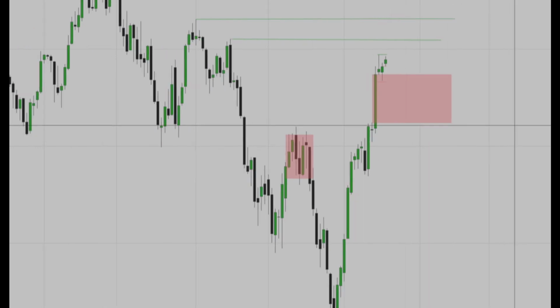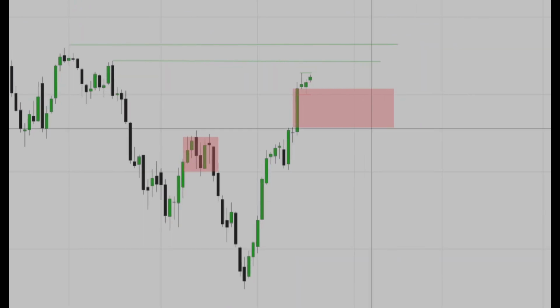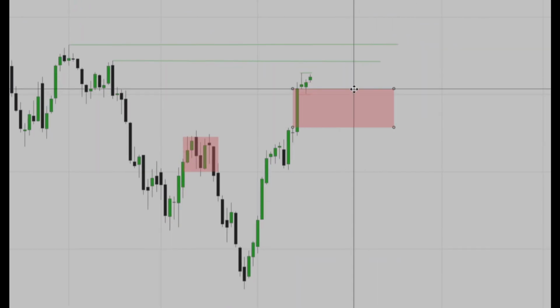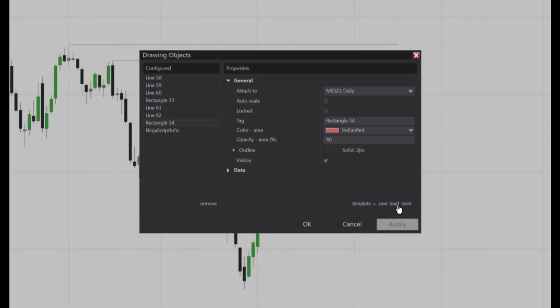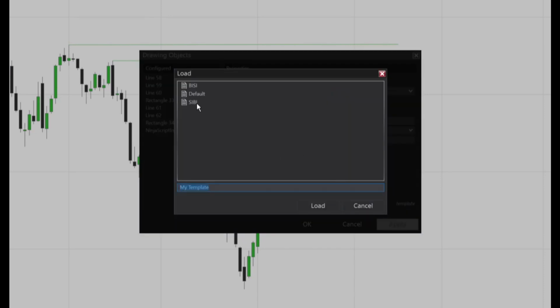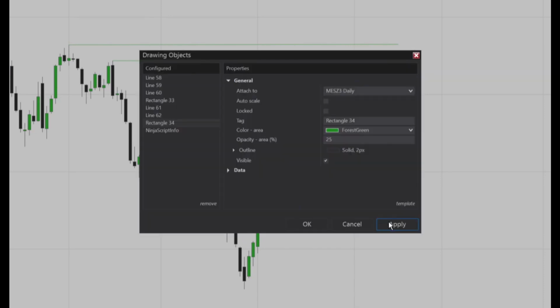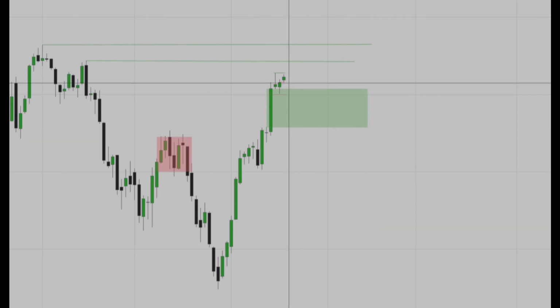I'm sorry, buy side imbalance, sell side inefficiency. I want to see us dig into that intraday before we continue a rally upward. That's my bias going into the day.